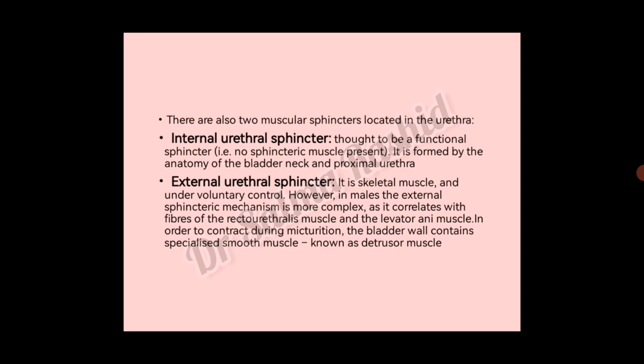However, in males, the external sphincteric mechanism is more complex, as it correlates with the fibers of the recto-urethralis muscle and the levator ani muscle. In order to contract during micturition, the bladder wall contains specialized smooth muscle known as the detrusor muscle.